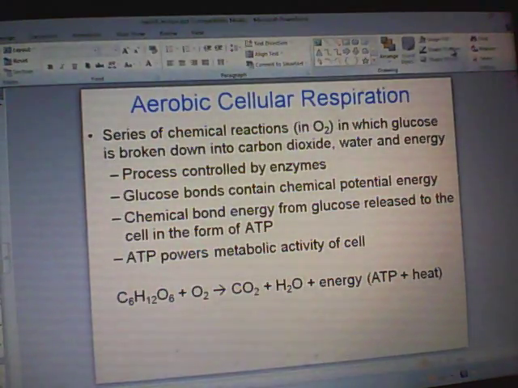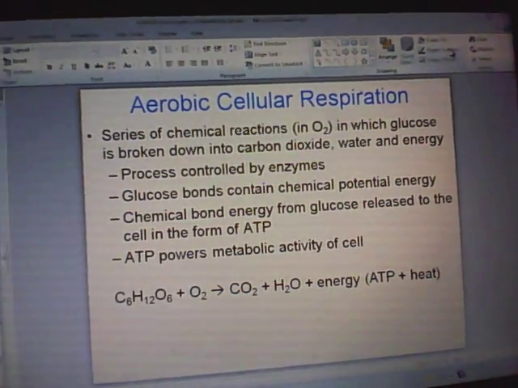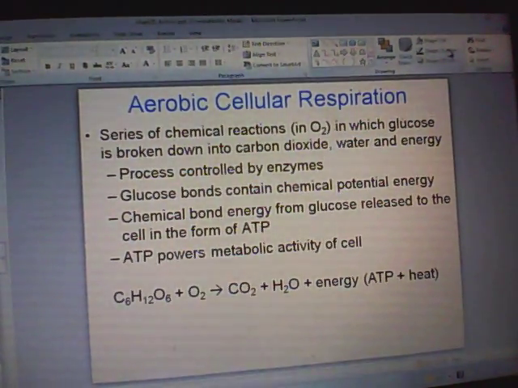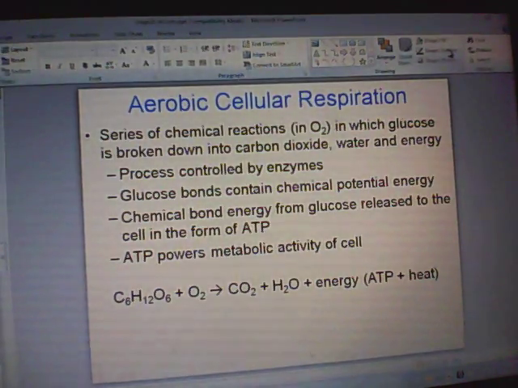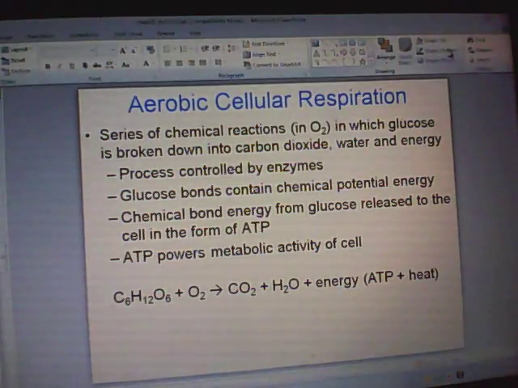All right. So as we said, aerobic cellular respiration happens in the mitochondria. And I know this is going fast for you all because it sounds fast to me. But the process that happens in the mitochondria is aerobic cellular respiration. So you may just want to write down the process that takes place in the mitochondria is aerobic cellular respiration.